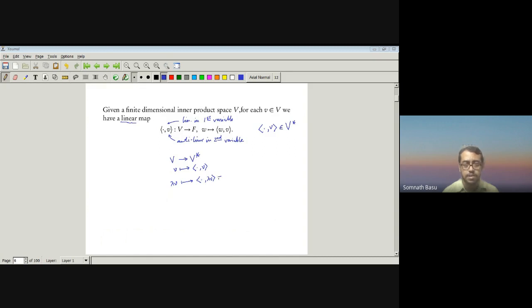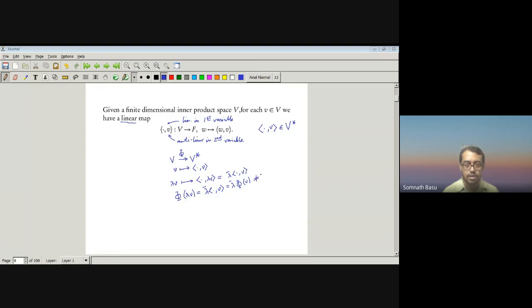But remember, this is typically lambda bar times w dot v. On the other hand, if I take this map and multiply by lambda, so if this is my capital Phi, then capital Phi of lambda v is lambda bar times capital Phi of v.